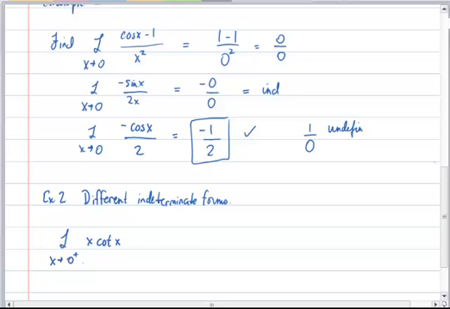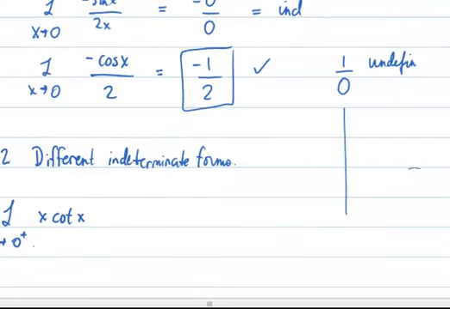Okay, so I think we're back, and I found an example that I could use, and I have the limit as x goes to 0 from the right, because remember the cotangent function is a decreasing function, and as you approach 0 from the right, you're heading to infinity.